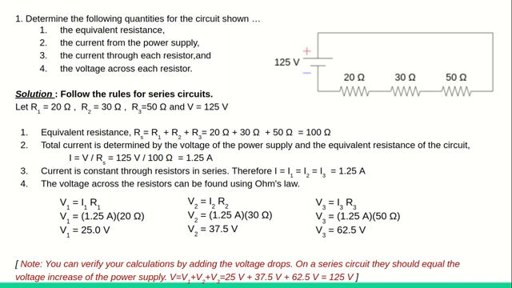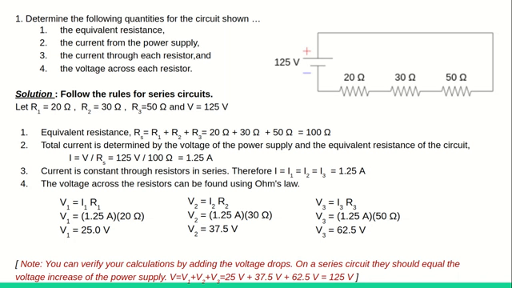Here you have three resistors, a 20 ohm resistor, a 30 ohm resistor and a 50 ohm resistor, connected in series, and the circuit has a 125 volt cell connected here. You need to calculate the equivalent resistance of the circuit, the current that flows through the circuit, the current through each resistor in the circuit, and finally the voltage across each resistor.